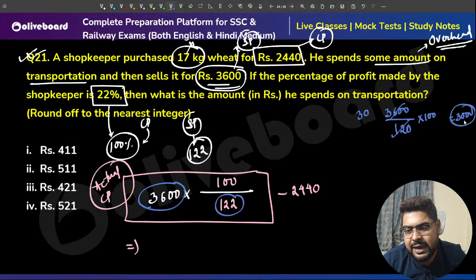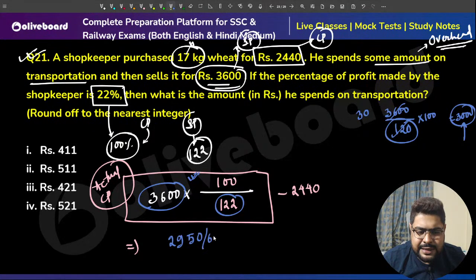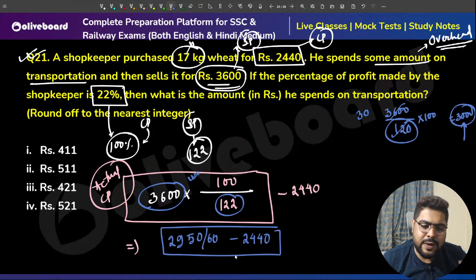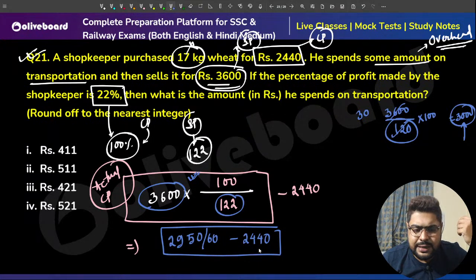Now the denominator is greater than 120, so the value will be slightly less than 3000, 2900 and something, 50, 60 like that, minus 2440. So 29 minus 24 is 5, so 500 and something is the answer.